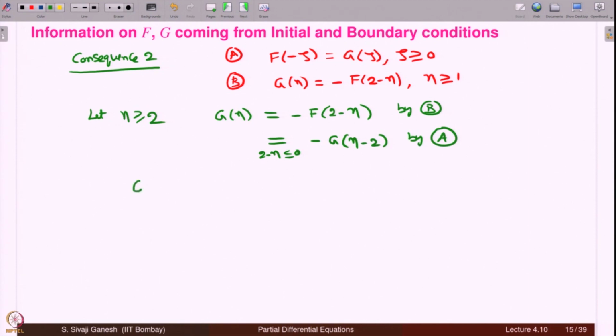So, therefore, what we get? G is known. Let us summarize what we get here. G of eta is equal to minus g of eta minus 2, valid for eta greater than or equal to 2.